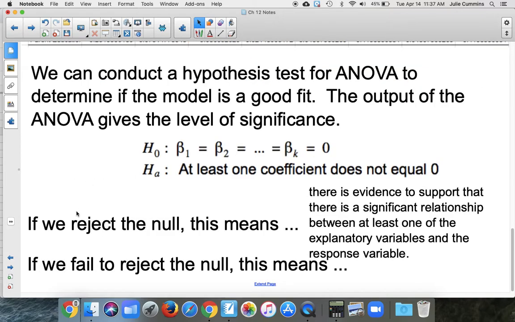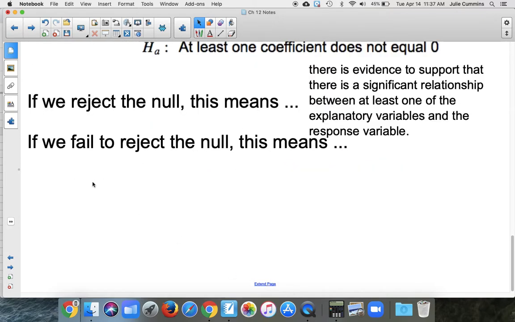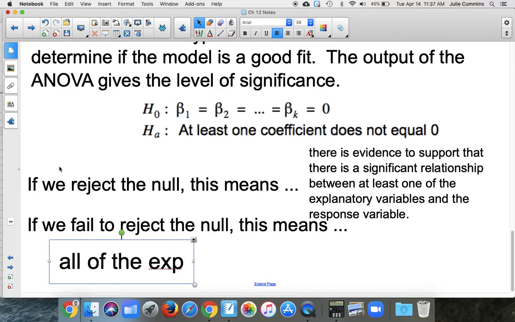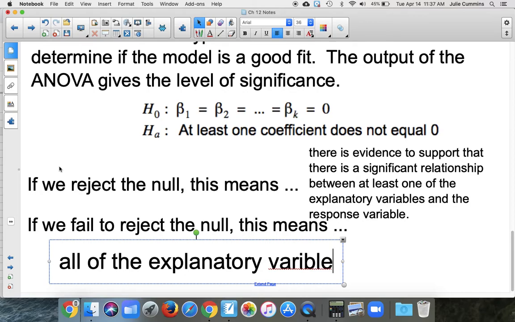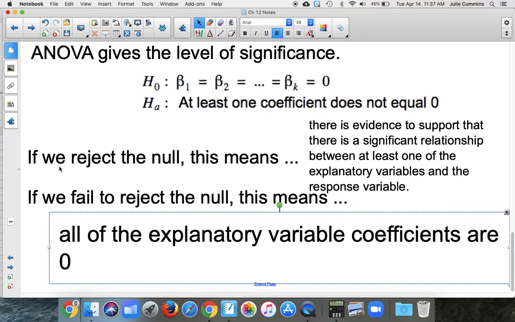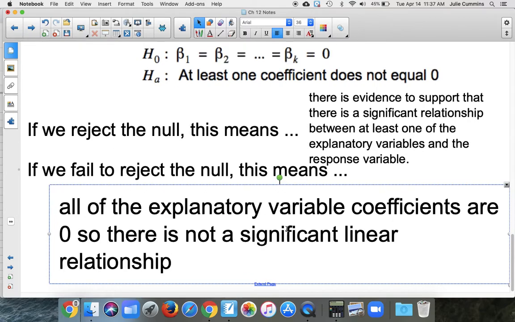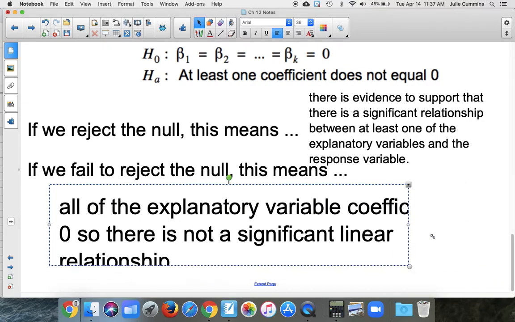If we fail to reject, this means that all of the explanatory variable coefficients are 0, so there is not a significant linear relationship. I've got it smaller so you can actually see everything here.